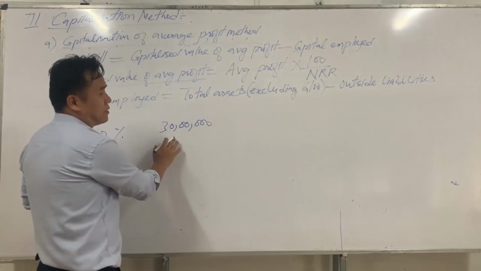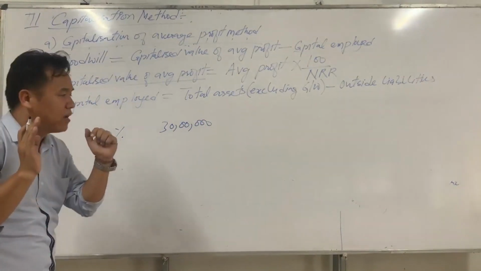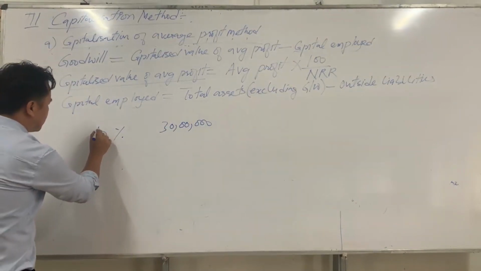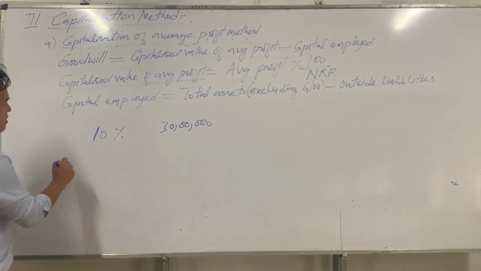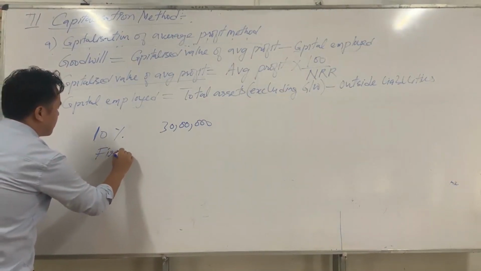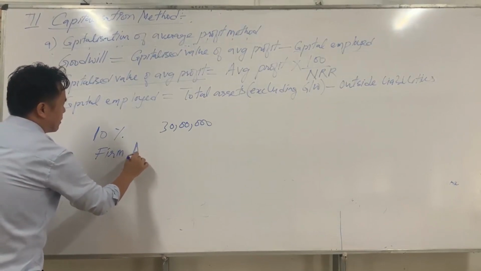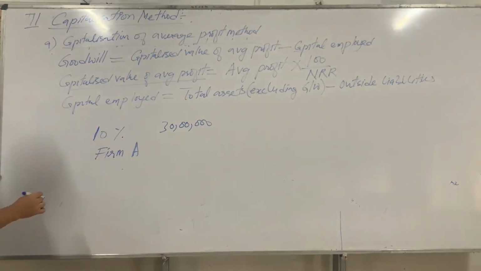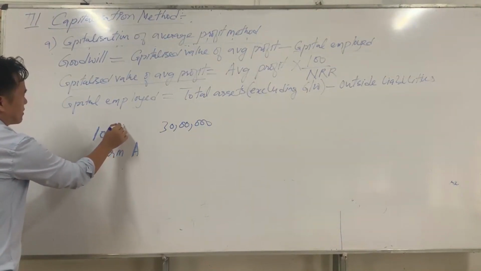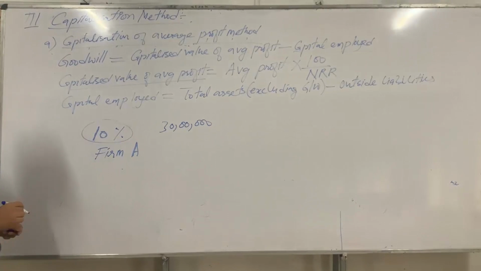I repeat, the capital invested by our firm is 30 lakh. And let us assume that our firm is firm A. So here, what is normal rate of return?